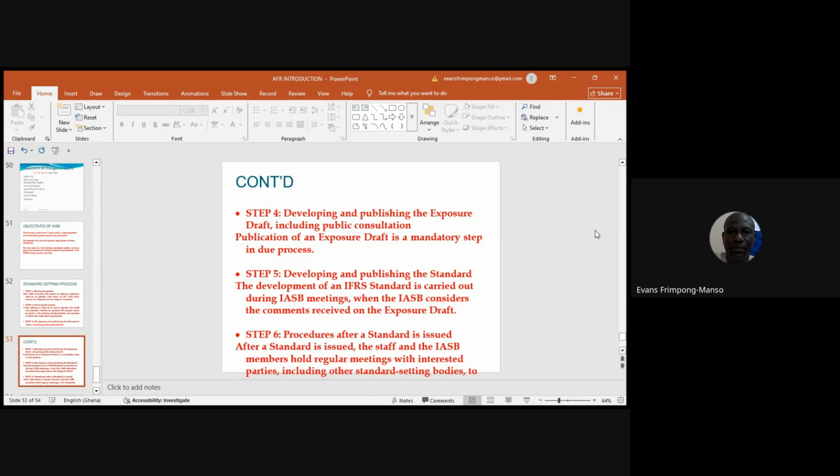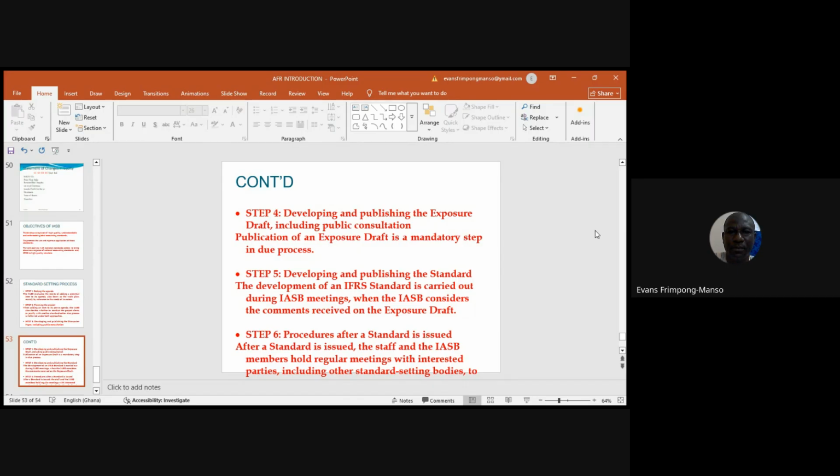Now, if the draft is prepared and then it is fine-tuned by consulting the public, then the standard is brought into being. When the standard is brought into being, it doesn't mean that they should start applying the standard.